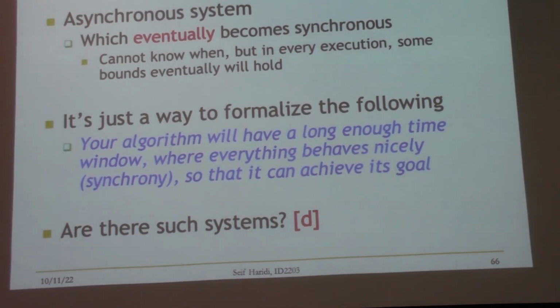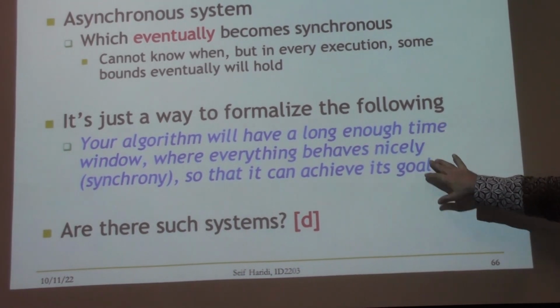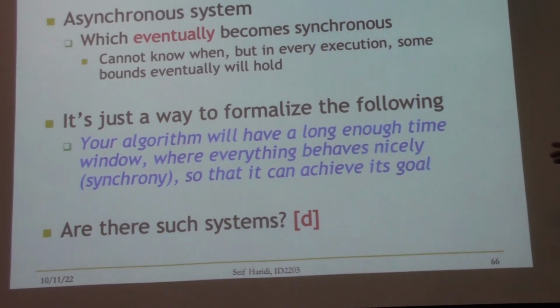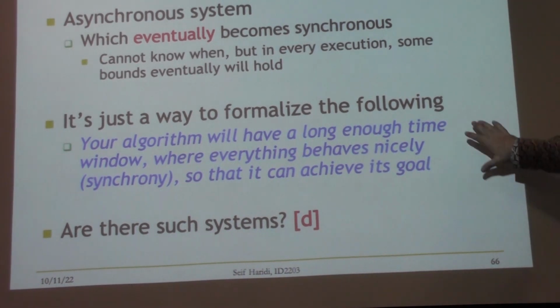I want my algorithm to run synchronous, okay? Because then it's easy. Well, if I run it long enough, then the system will be synchronous. So the algorithm just has to run long enough. How long? Well, whatever it takes, and then it will work, okay? So are there such systems?